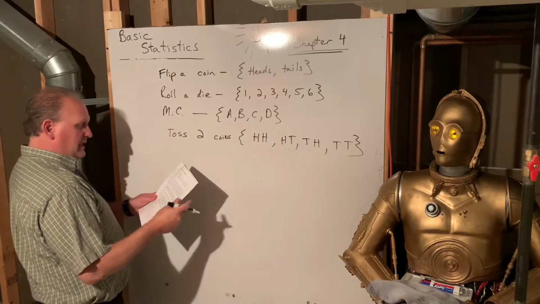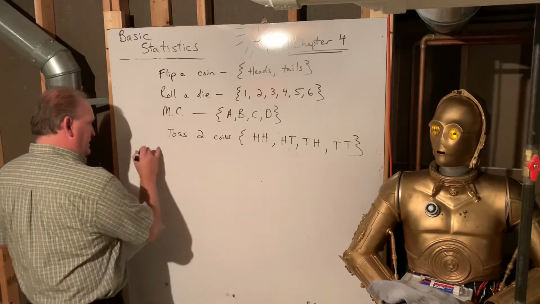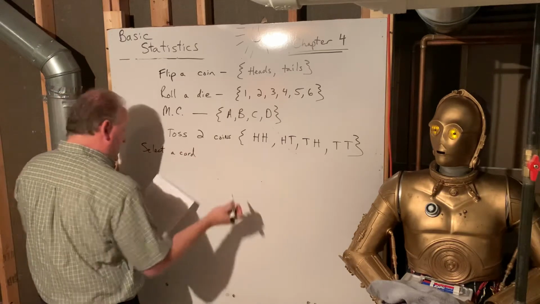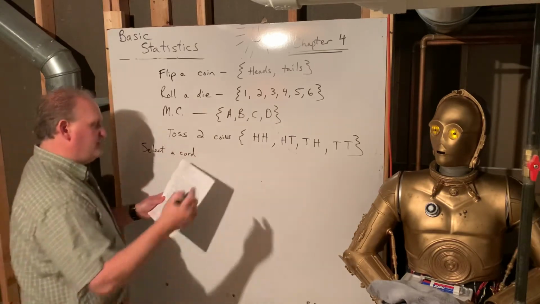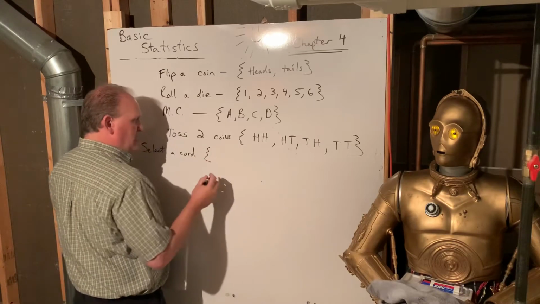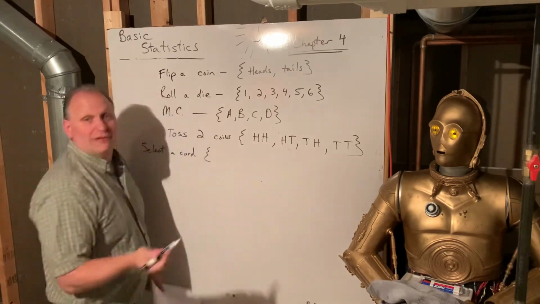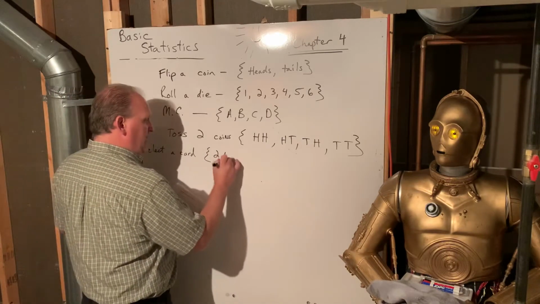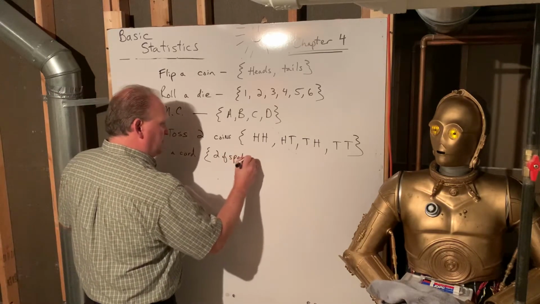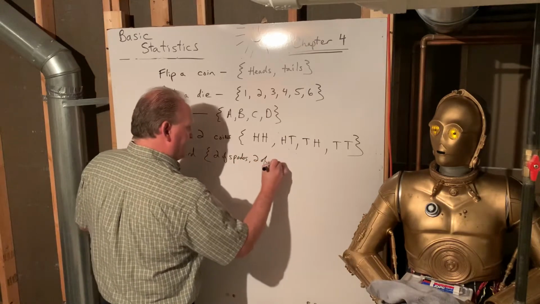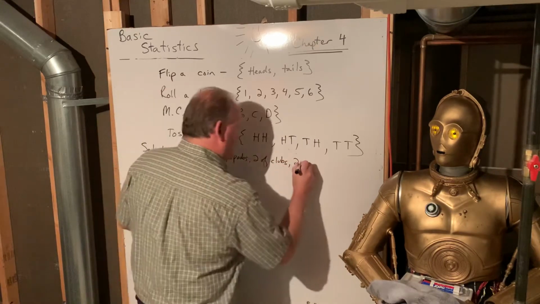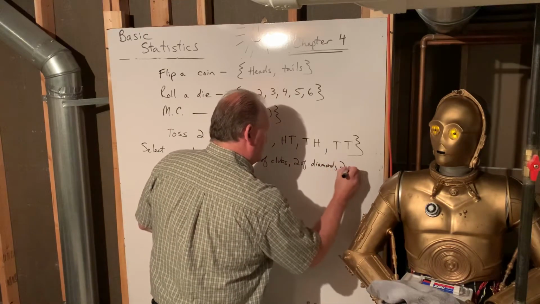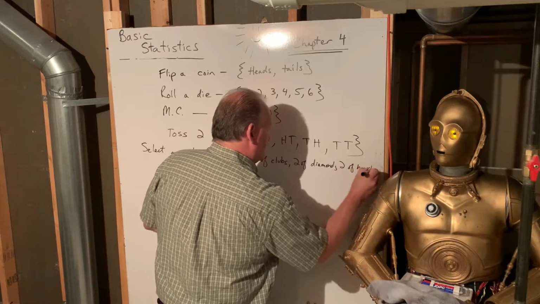Let's take a look. Select a card from a regular deck. If you select a card from a regular deck of cards, we're not going to list them all, but we'd have 52 different listings here. We could have 2 of spades, or 2 of clubs, or 2 of diamonds, or 2 of hearts.